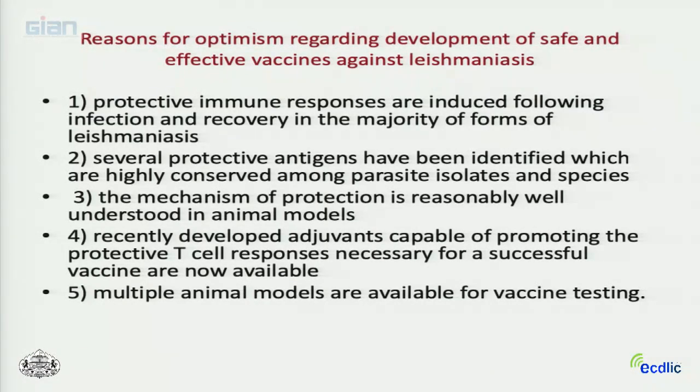The mechanism of protection is reasonably well understood from animal models, and the clinical studies support most of those findings. Recently developed adjuvants capable of promoting the right sort of T-cell response, these Th1 responses, are available. And again, there are really good animal models for testing vaccines.